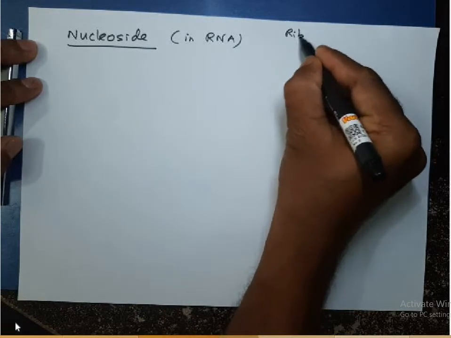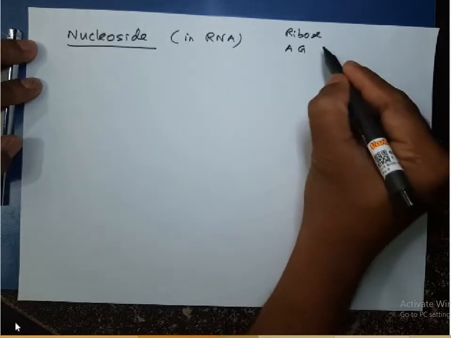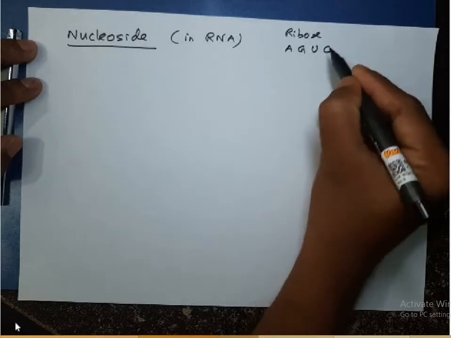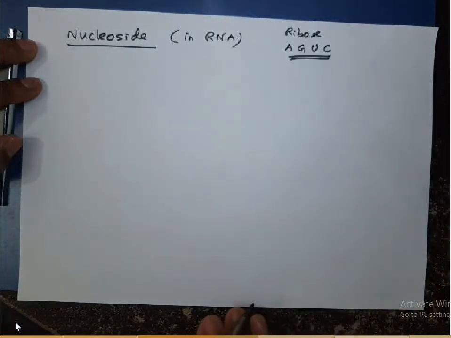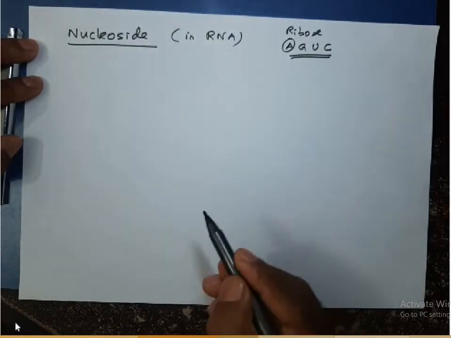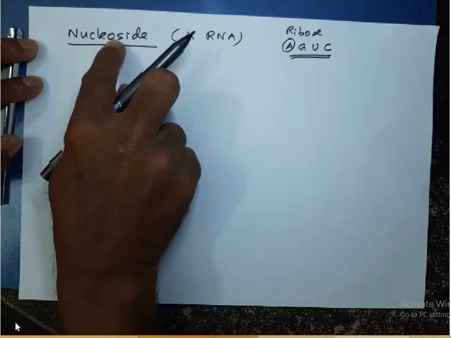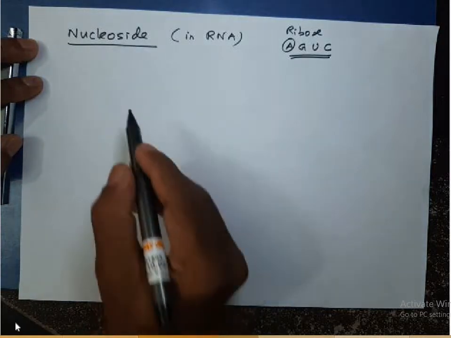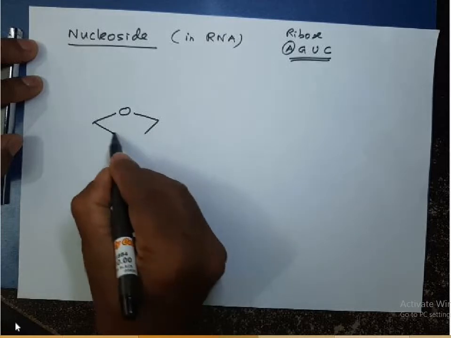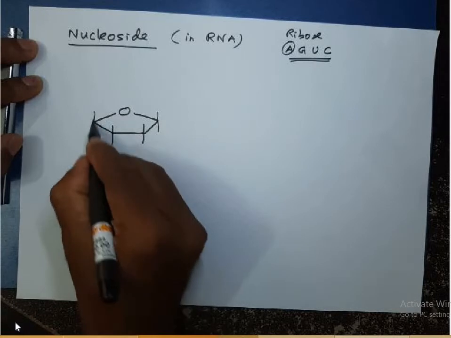Adenine, guanine, instead of thymine we have uracil, and cytosine. AGUC. These are all the bases present. Now I'll take the adenine base just for understanding purposes, and I'll show you how to draw a nucleoside. Students, observe carefully. A nucleoside contains a 5-membered ring of sugar, where this is the 1' carbon, 2', 3', 4' carbon.